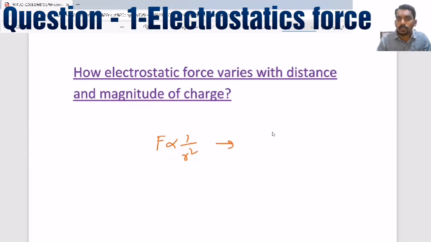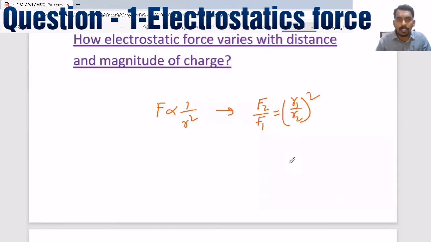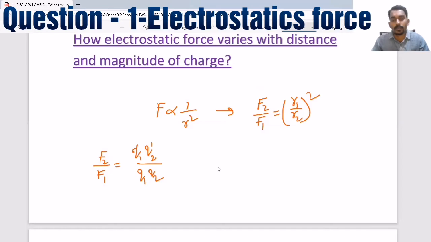So between two situations where charges are same but the distance is changed, the ratio of force after and before is given by R1 by R2 whole square. But when distance is same and the charges are changed, then the ratio of forces is given by Q1' Q2' divided by Q1 Q2, where distance is constant.